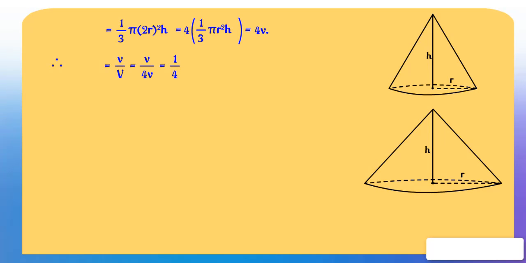Therefore, small v by capital V is equal to small v by 4 into small v, which is equal to 1 by 4. This implies small v is to capital V is equal to 1 is to 4.